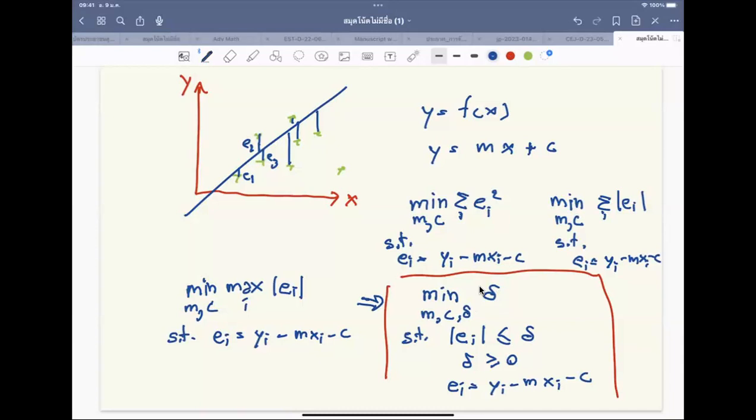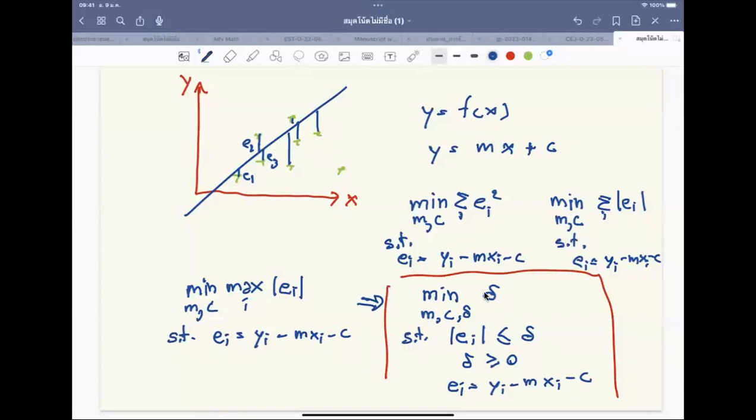Delta is defined as the maximum error. And you see that we try to minimize the maximum error, okay? Because we minimize delta, right? We minimize M and C, also we minimize delta to ensure that the maximum error is minimum, okay?